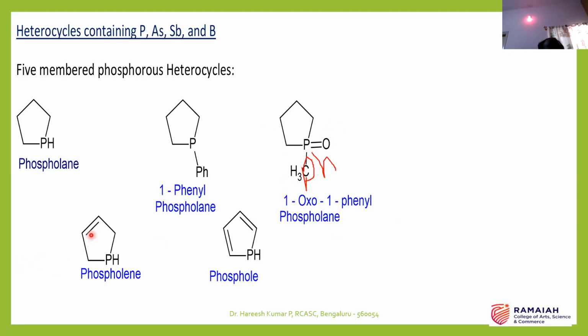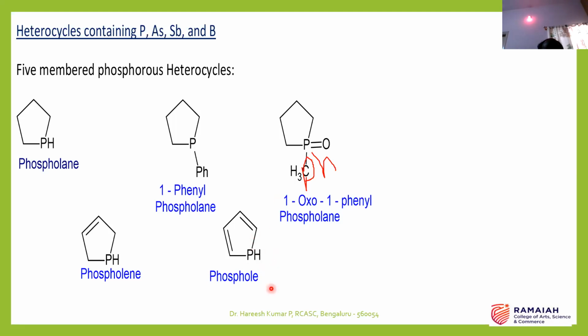Similarly, there is a double bond you can observe, so that is the reason the suffix is ene. So what we can say is phospholine. And if there are 2 double bonds, I think you know azole. What is azole? A 5-membered ring containing 2 double bonds, not only with 2 nitrogens, is called azoles, maybe pyrazole, imidazole, isoxazole, oxazole, all those things.